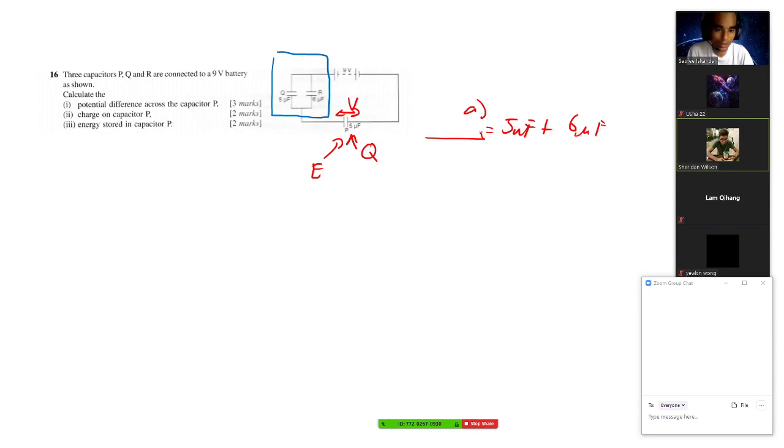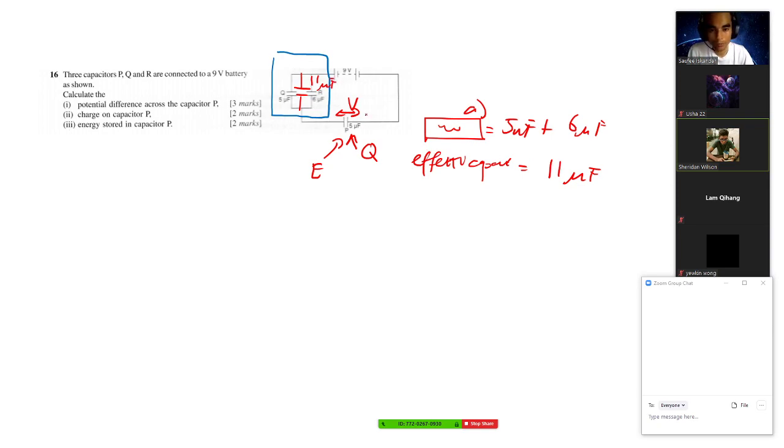Remember, don't do like me. You should be putting some words on this side, like effective capacitance equals 5 plus 6. You just write equals. So 5 plus 6, we have 11 microfarad. Both of the capacitors will combine, making 11 microfarads.